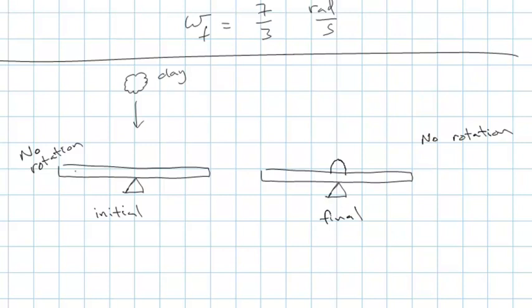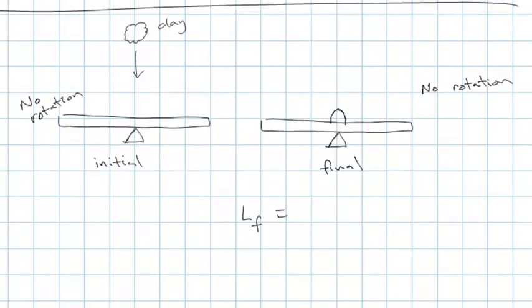The ball of clay hit it, and at the end, there's no rotation. It can't get it rotating if it hits it right at the axis of rotation. So at the end, what's the angular momentum? 0. There's no rotation.